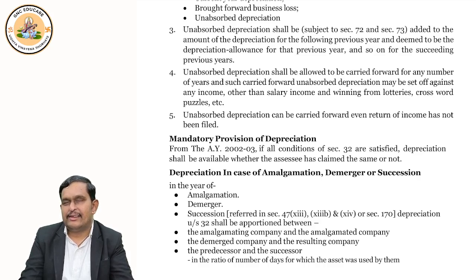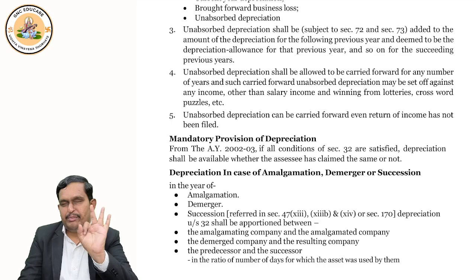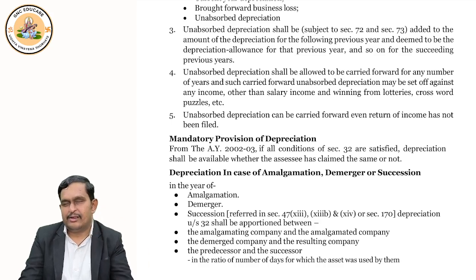Now what will I say? April month, May month, June month. So April 30, May 31, June 30. So 91 days it was partnership. And the balance, 365 minus 91, will be for company.